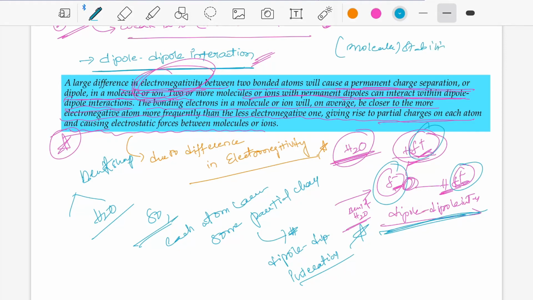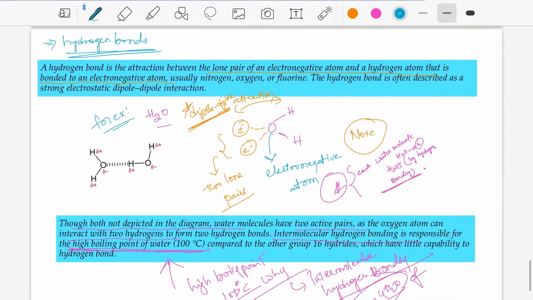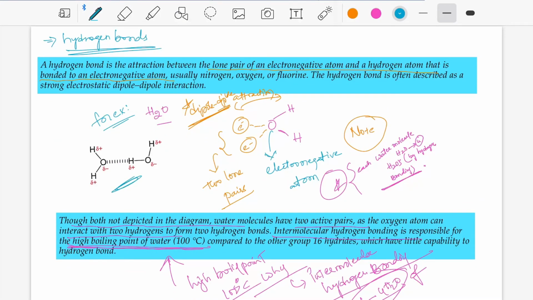The second one is very important: hydrogen bonds. Again, we take H2O, as we discussed before. Now I am circling the H2O with two H2O molecules. Here there is a possibility of hydrogen bonding. Due to hydrogen bonding only, water molecules can hold on to each other in a huge water network.